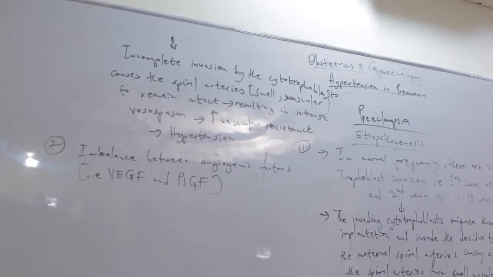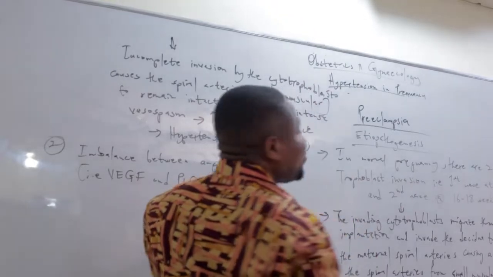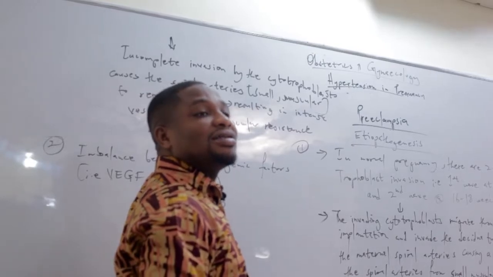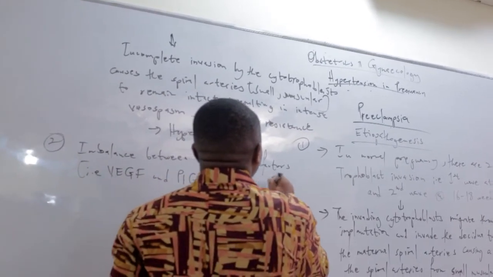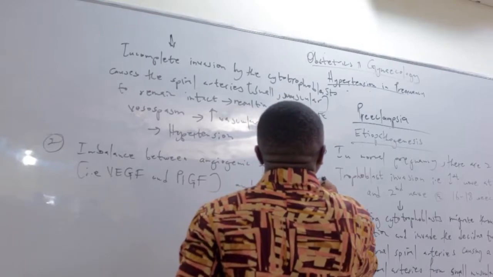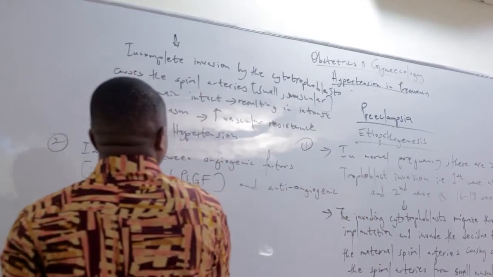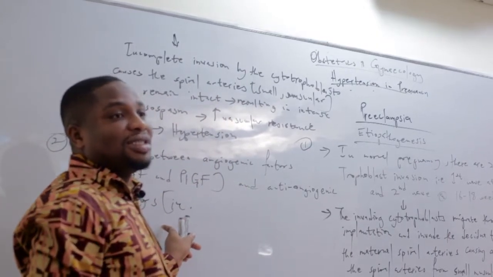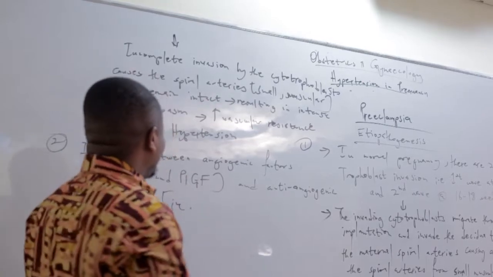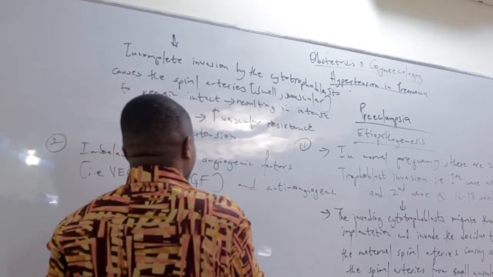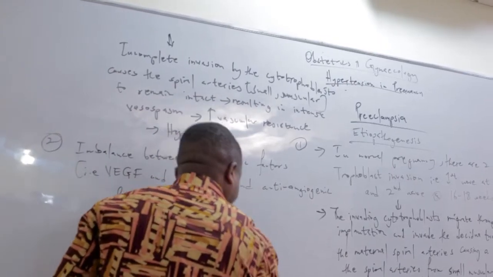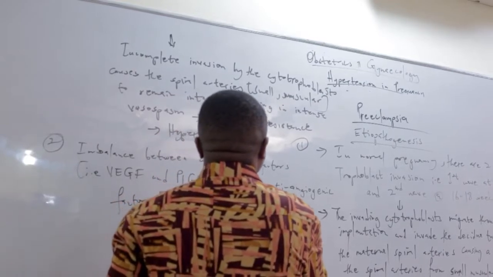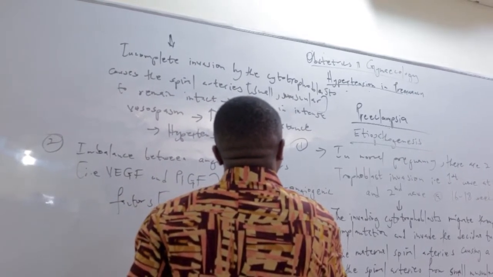Are we following? So the imbalance is between angiogenic factors, that is vascular endothelial growth factor and placenta growth factor, and anti-angiogenic factors. We know some of them.